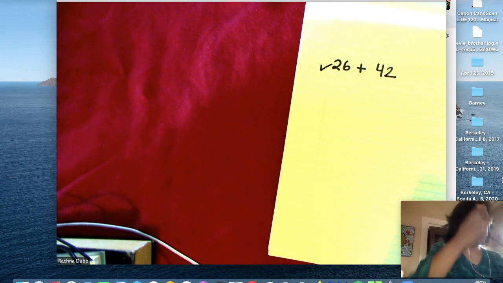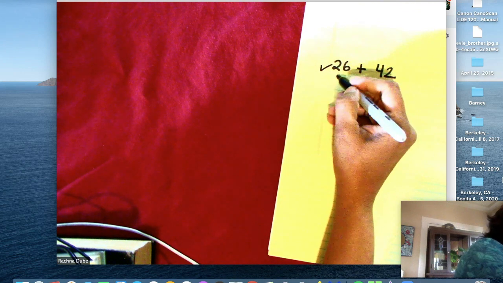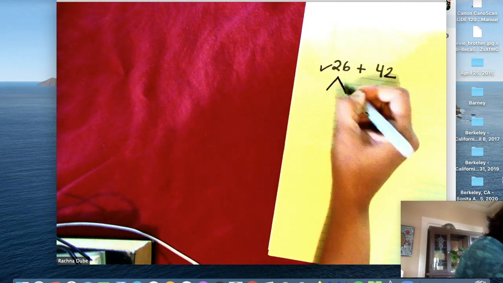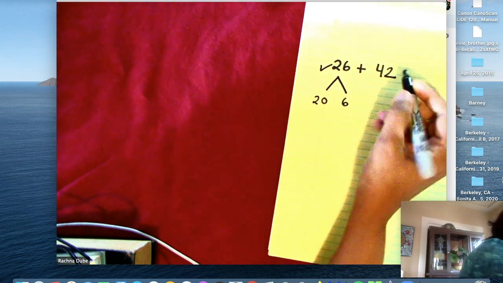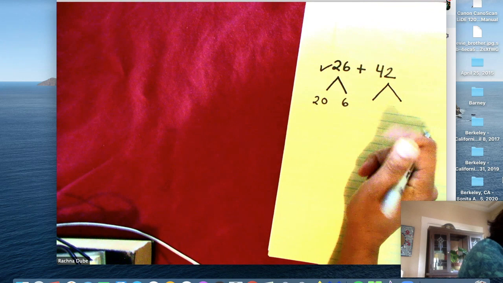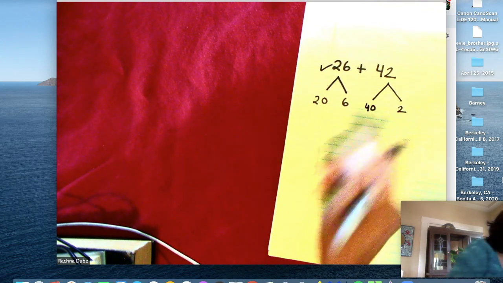If I was showing my thinking here, you know what I would do? I would break this apart into 20 plus 6 because that's how I set it up, right? When I put my craft sticks, that's how I had it. I had 40 craft sticks and 2 more craft sticks.